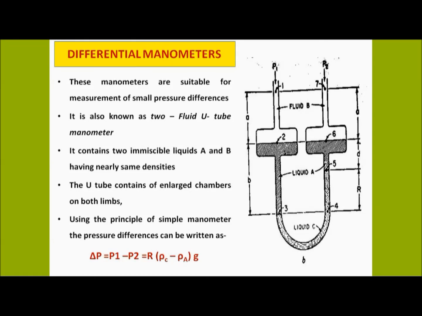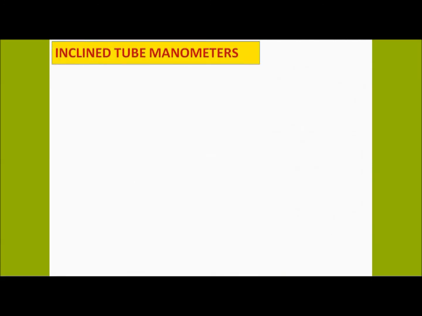So this is the differential manometer. Hence you know that the smaller the difference between the density of liquid C and liquid A, the greater will be the distance R. Now the next type of manometer is known as the inclined manometer.